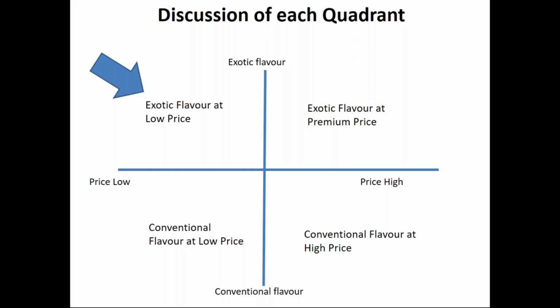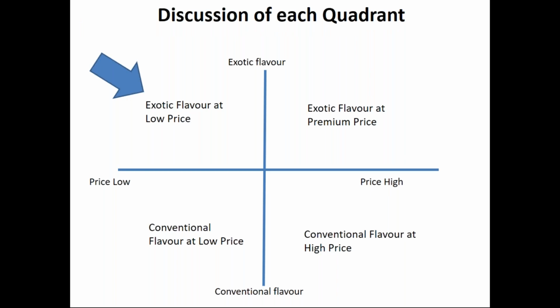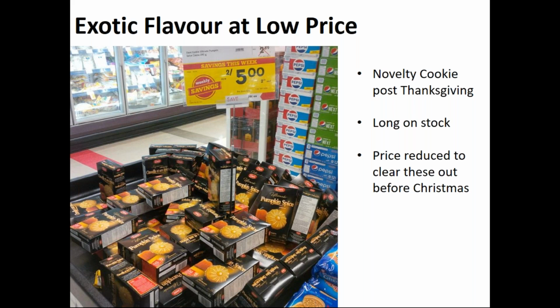So what typically ends up in this quadrant is something that likely started out in the upper left-hand quadrant as maybe something novelty or niche, sold at a premium price. But due to the passage of time, it may shift over to a low price.